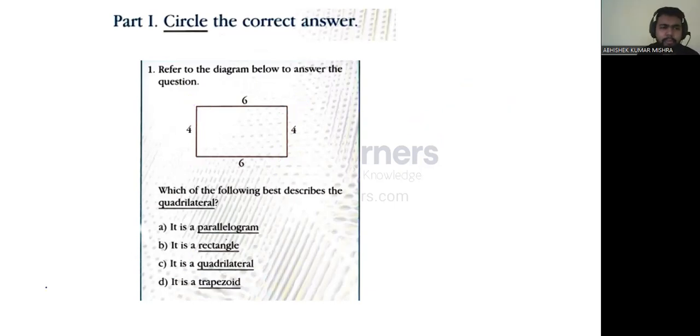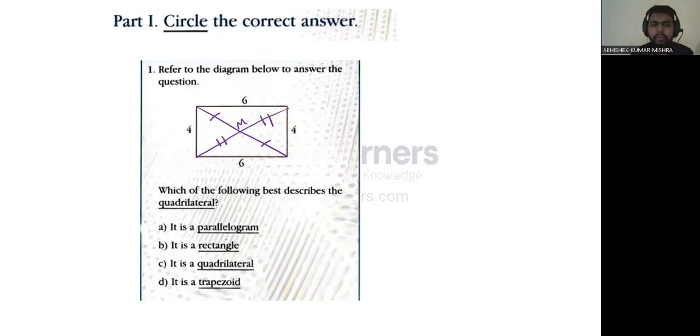What are some more properties of a parallelogram? The diagonals of a parallelogram bisect each other. What is the meaning of bisecting? That means this part would be equal to this part and this part would be equal to this part. But remember one point: the diagonals are bisecting each other, but they are not equal to each other.